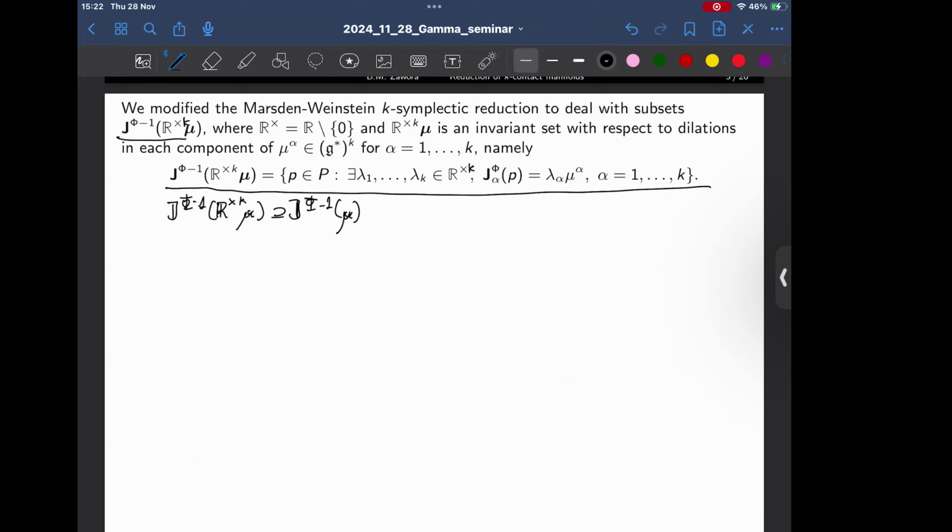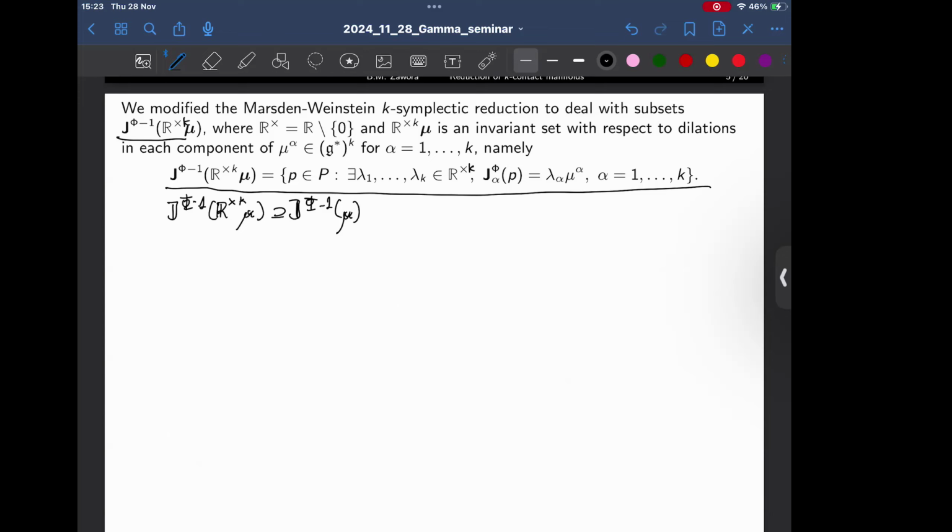So you may ask about the quotient group, whether it remained the same or not. Of course, the answer is no, because for k equal 1 it's easy to see that the dimensions of the reduced manifold do not agree: in the symplectic case you may obtain a reduced manifold that is odd dimensional, which cannot be symplectic.